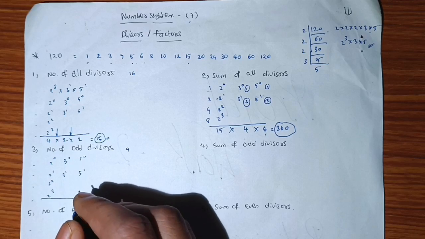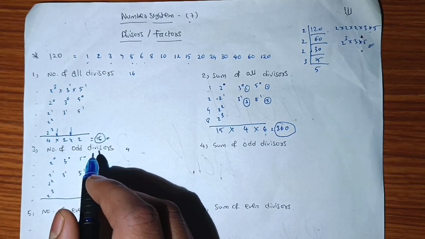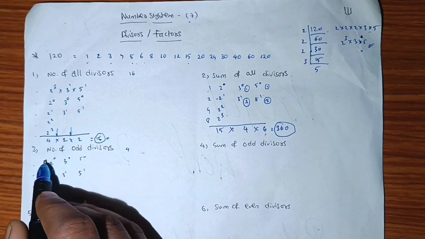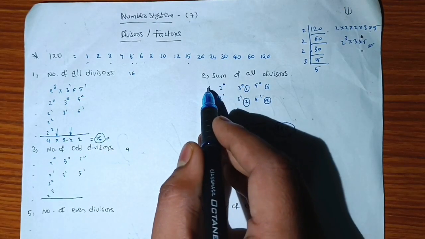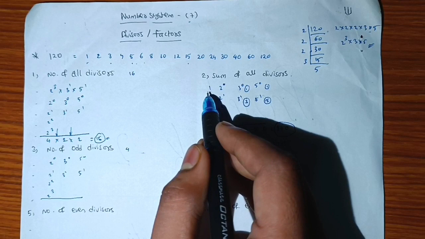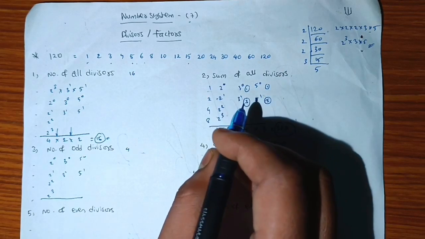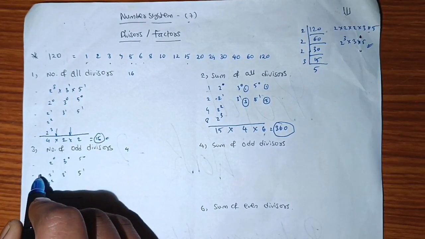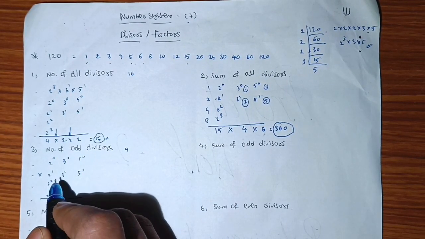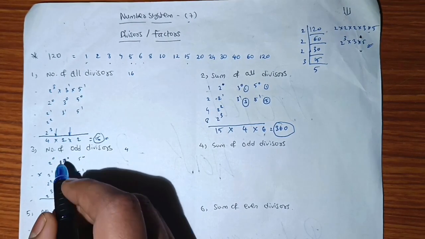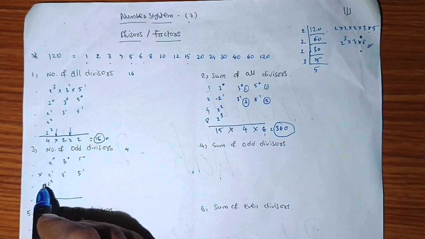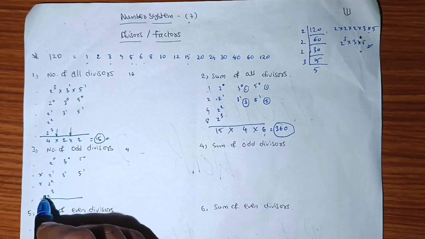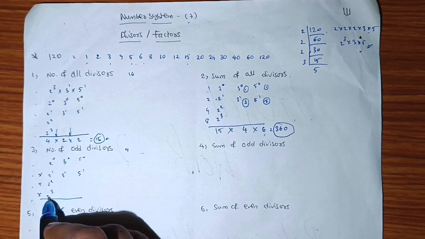In this, if we ignore even divisors, then we will get the count of odd divisors, because 2 power 0 is 1, so we need not ignore the 1. 1 is an odd divisor. 2 power 1 which is 2 is an even divisor, so we need to ignore it. 2 power 2 which is 4, ignore this one. 2 power 3 which is 8, also ignore this one.